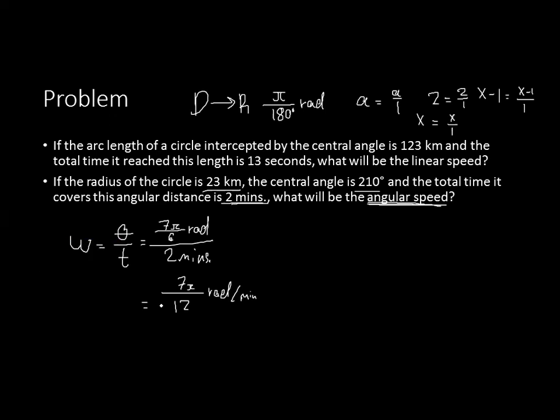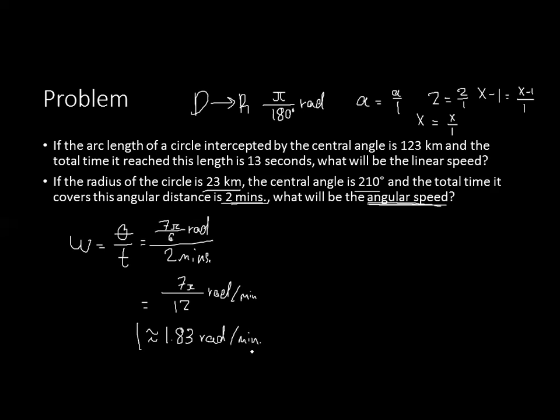However, the problem here is that you need to approximate this one. So 7 pi divided by 12. Wait, 7 pi divided by 12 is 1.84. Wait, no, forgive me. This is approximately 1.83 radians per minute.